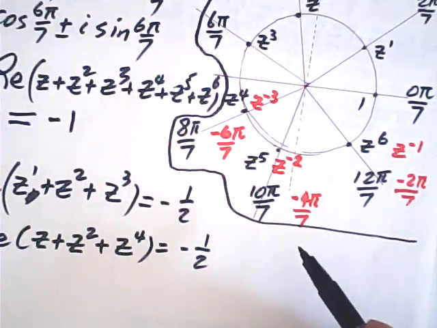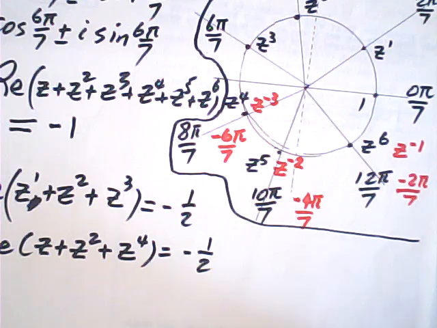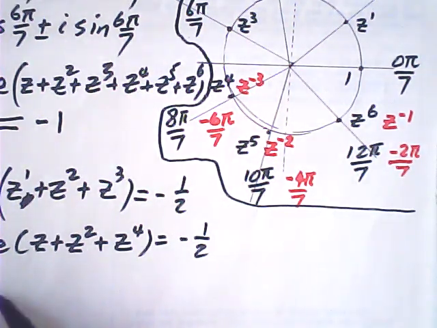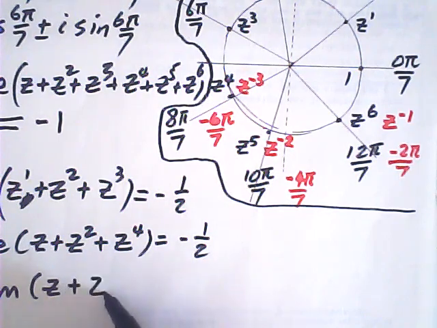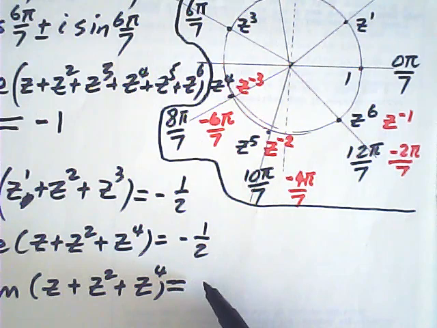And we suppose that the imaginary part of z1, z2, z4 is equal to bi.